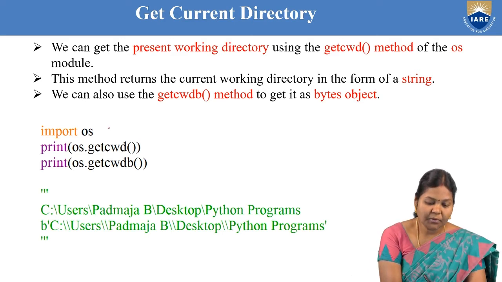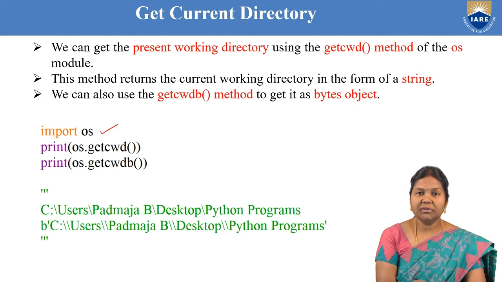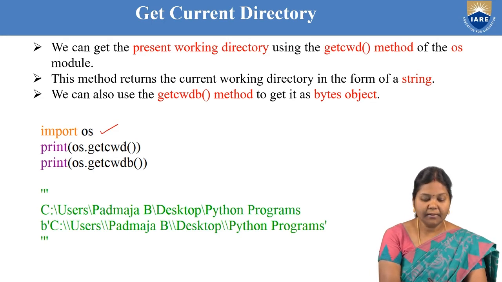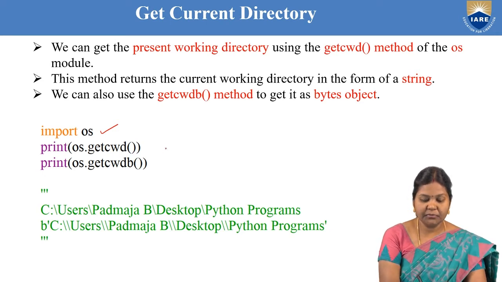First of all, you have to import the OS module by writing the import os statement, followed by the methods: print, module name dot getcwd. So, it will give you the current working directory in your system.